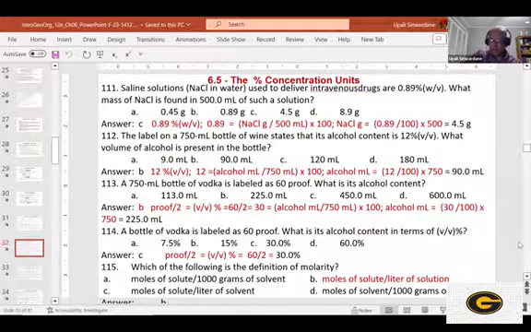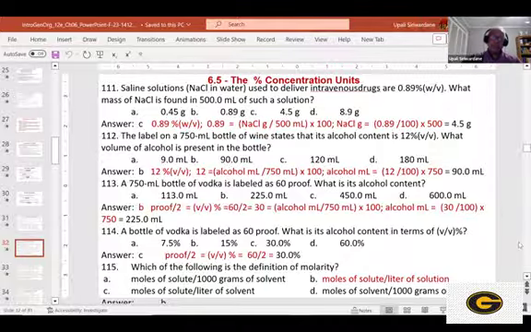Saline solution is isotonic with the blood concentration in the blood. So therefore, isotonic solutions don't have an osmotic pressure difference, therefore remain stable.